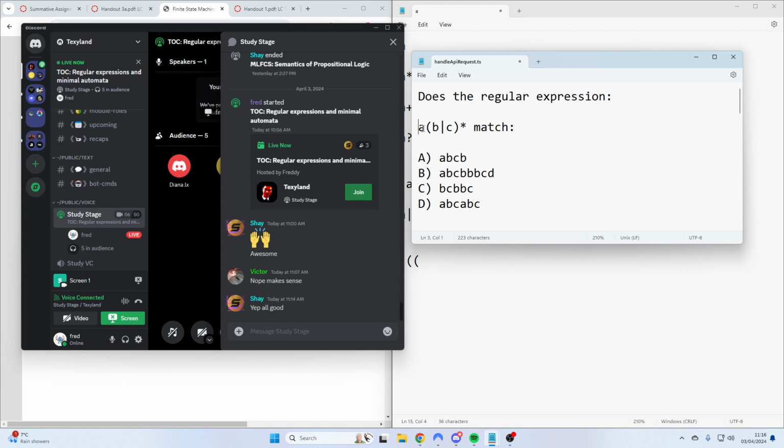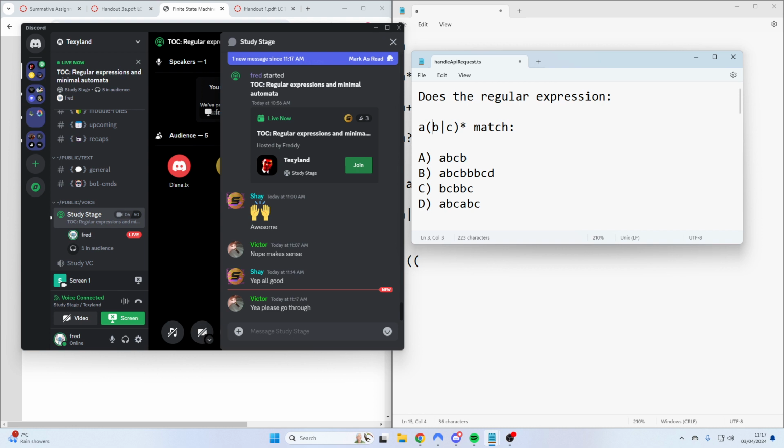So we can just read it through. We need at least 1 A. And then we have B or C any amount of times. So if we start with it, let's check A. We've got at least 1 A. Then we've got B or C any amount of times. So we're going to do this smaller machine within the bigger one 0 or more times.